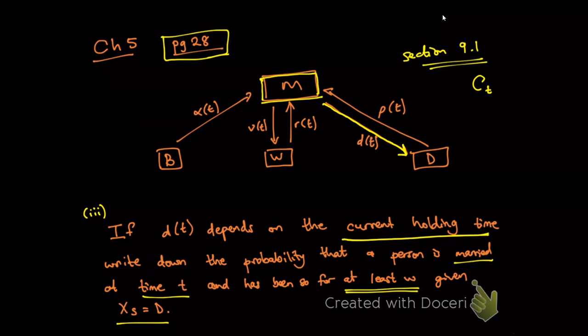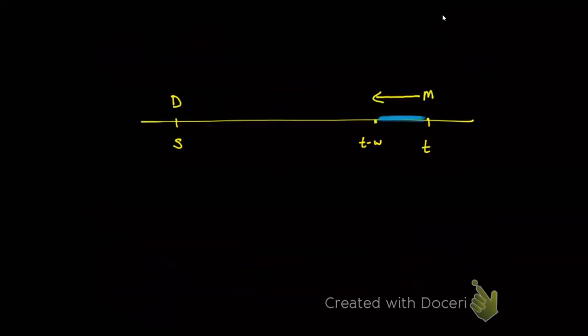So let's consider the event that we are interested in, which is that you are married for this whole time on the blue part of this timeline. Which means that you must have got married sometime before time T minus W. So let's call that last time that you got married, let's call that state K. So obviously this is going to be somewhere on this side of the timeline.